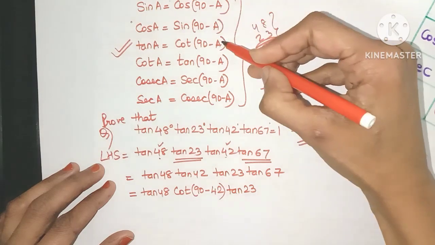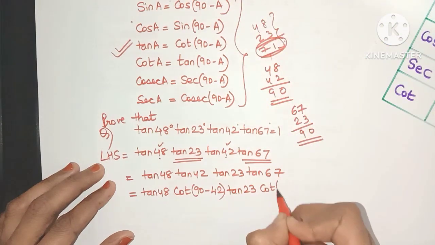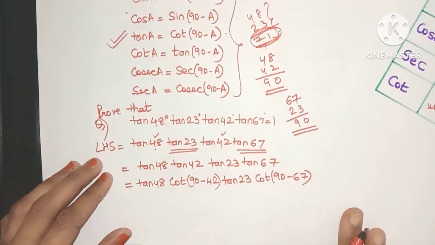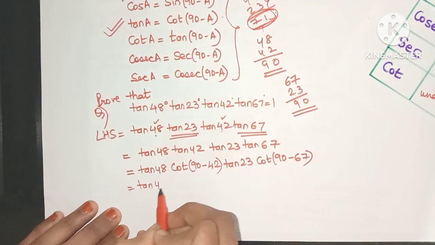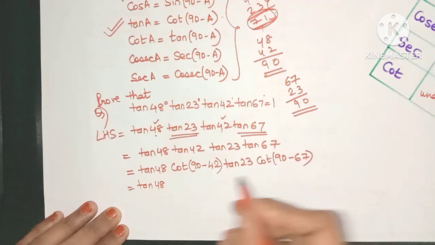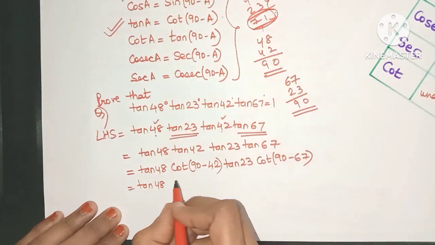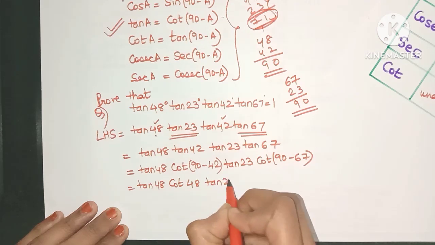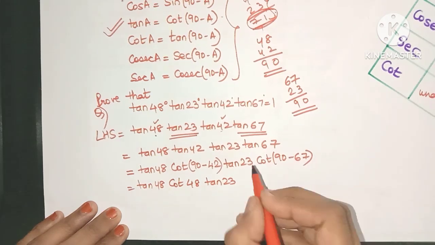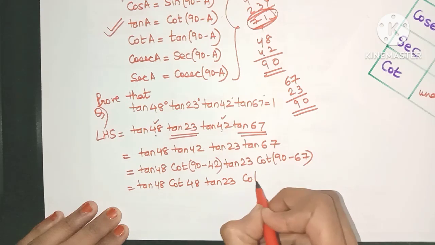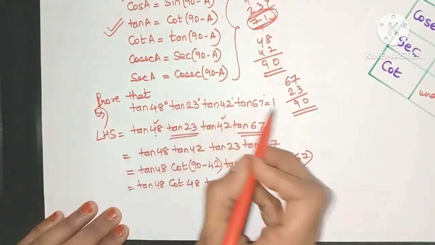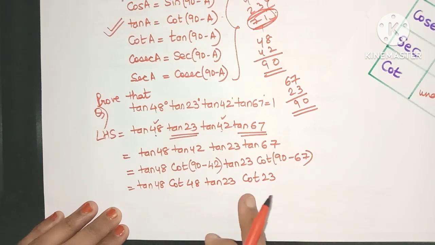Now tan 67, I am going to write as cot of 90 minus 67. Again, I have applied this formula over here. Now, tan 48. Now, what is 90 minus 42? Yes, I'll get 48 again. So, I can write cot of 48 into tan 23 will be as it is. What is 90 minus 67? Again, I'll get 23. So, I'll get cot 23. See friends, now from 4 different angles, we have reduced to 2 different angles.